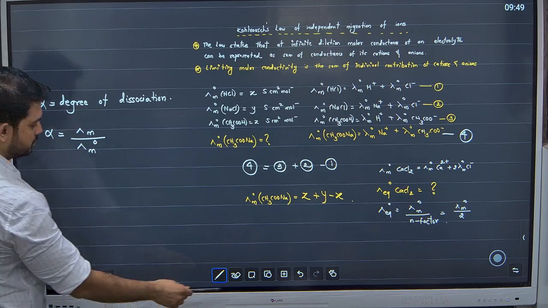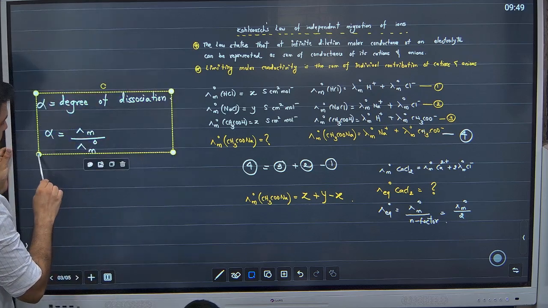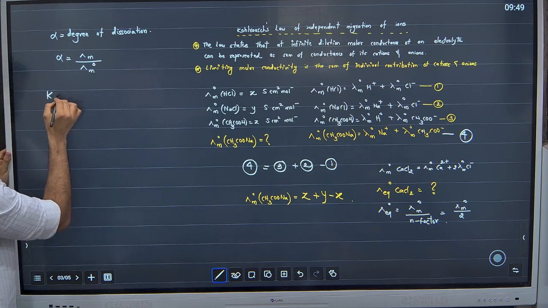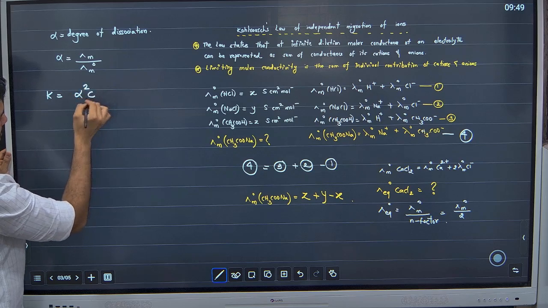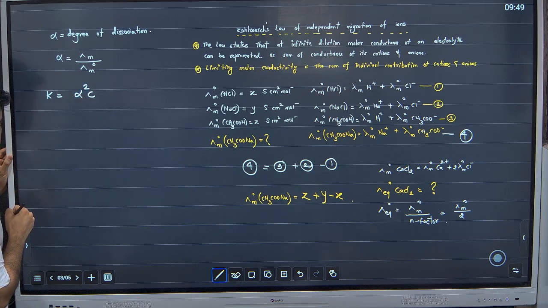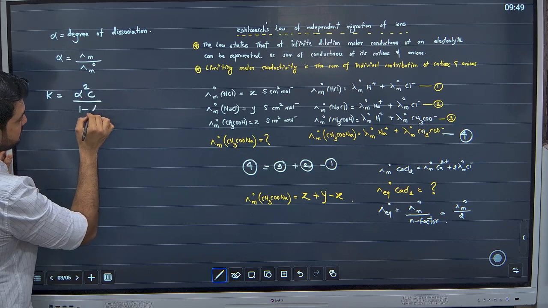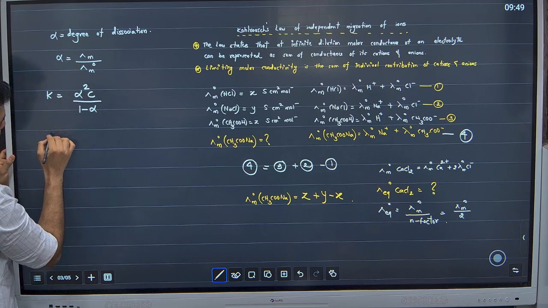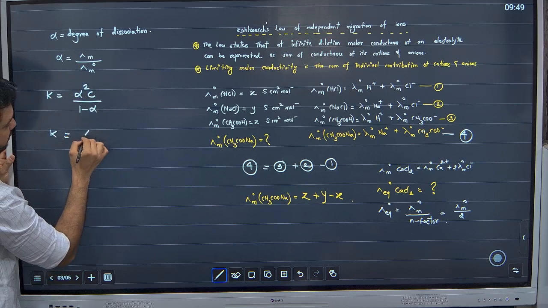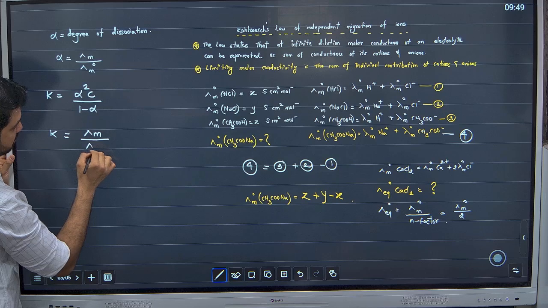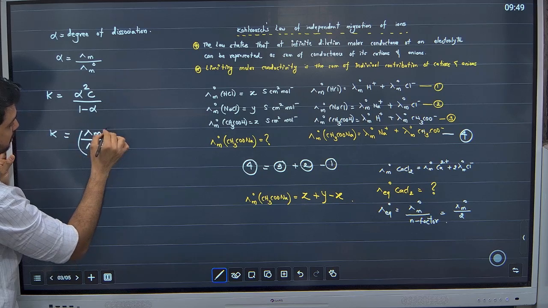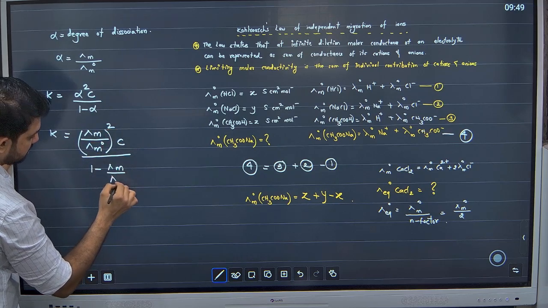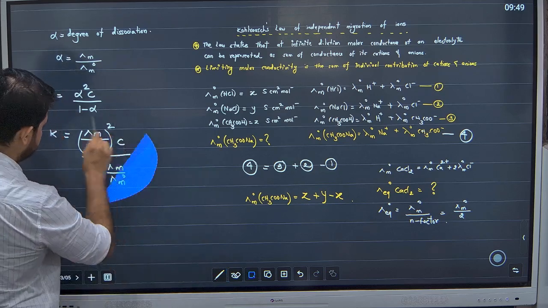Chalo, what was the formula for dissociation constant K? Excellent. Alpha square C upon 1 minus alpha, assuming that alpha is not very small. Substitute. So K will be lambda m upon lambda m naught the whole square into C, upon 1 minus lambda m upon lambda m naught. Work out the expression now.